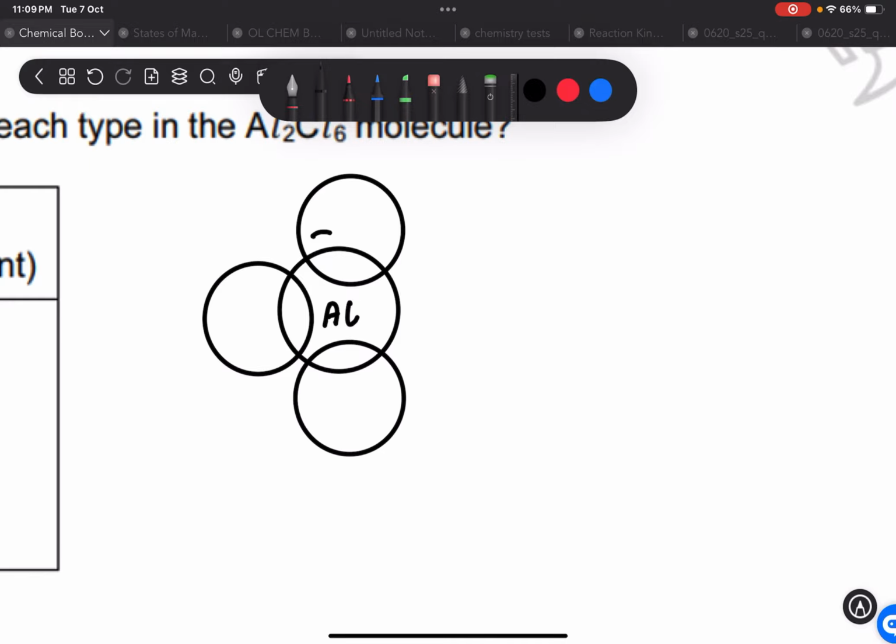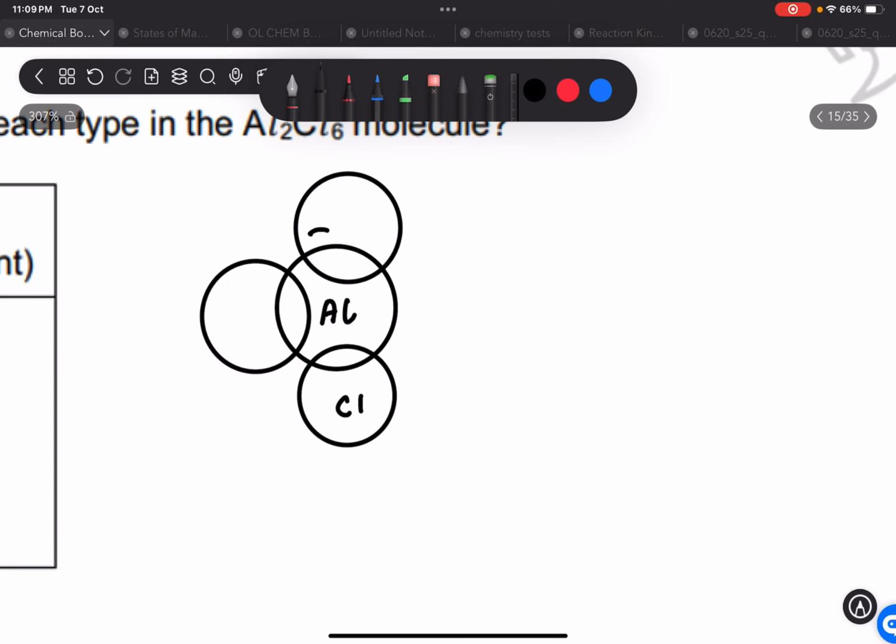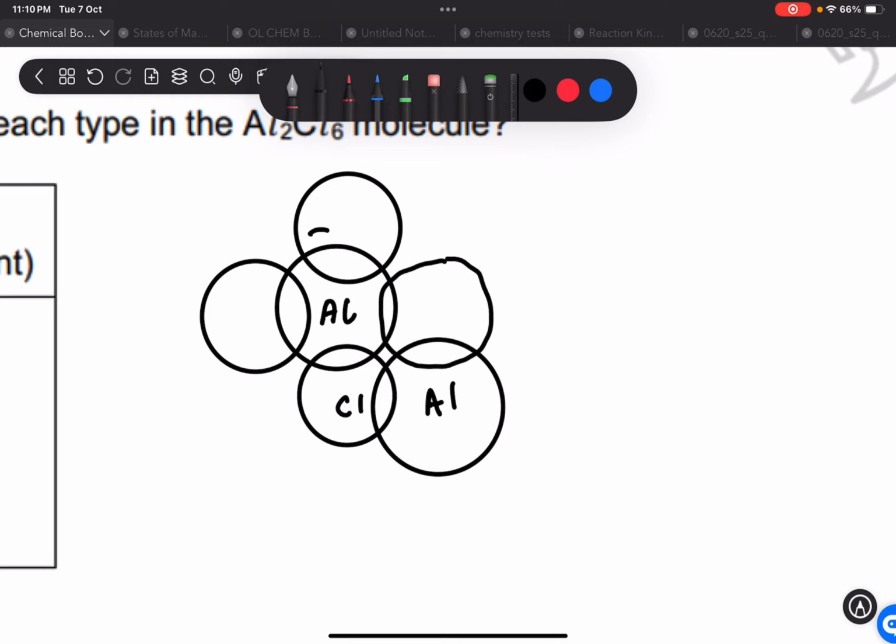So I'm gonna try to make them small. This is Al, this is Cl. This is gonna be another Al. This is gonna be a Cl. And this is gonna be a Cl.